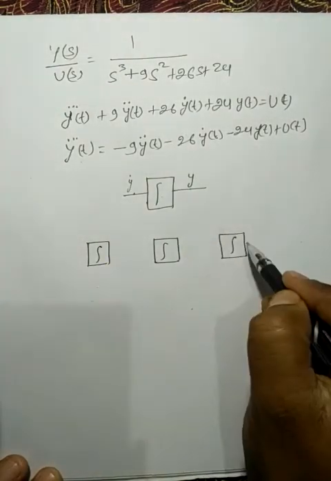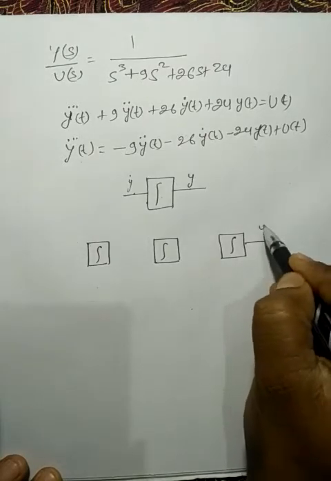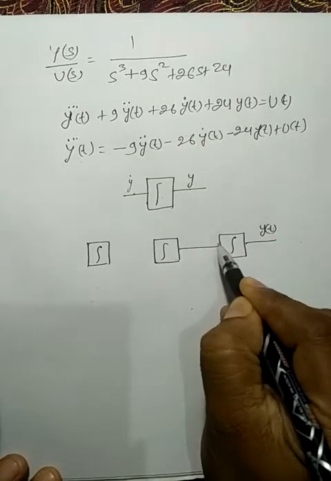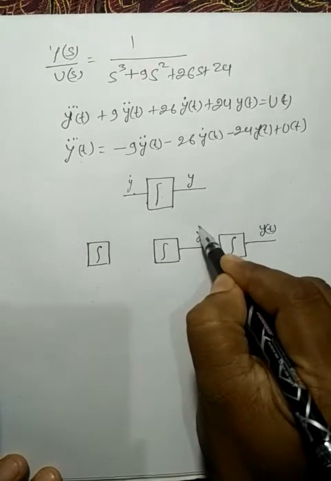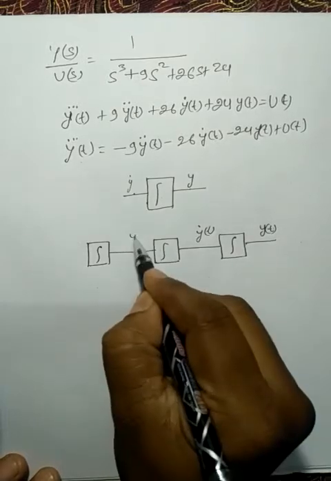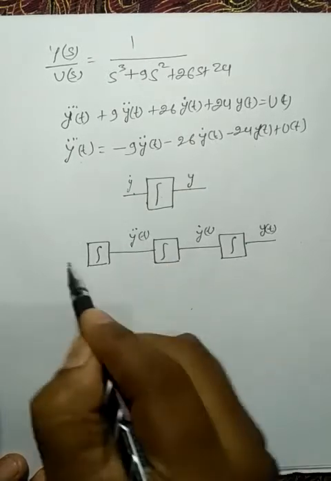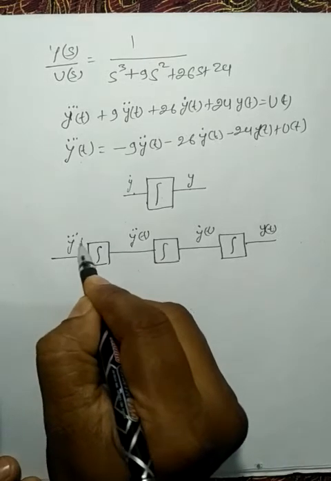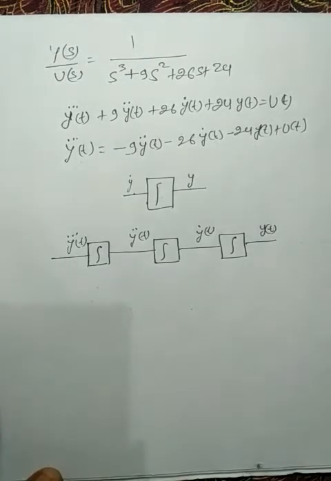And here I will get y(t). Here we will have y dot t, here we will have y double dot t, and obviously here we will have y triple dot t.